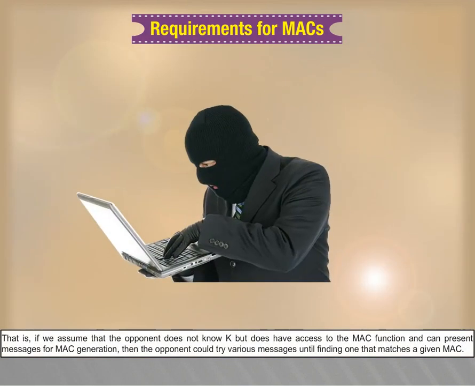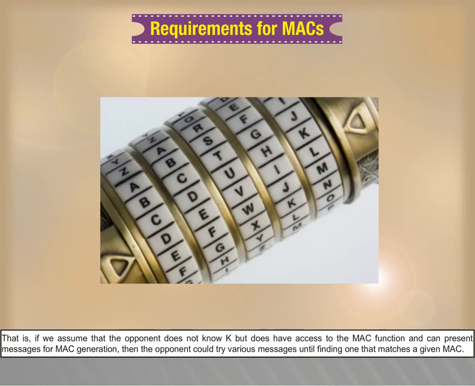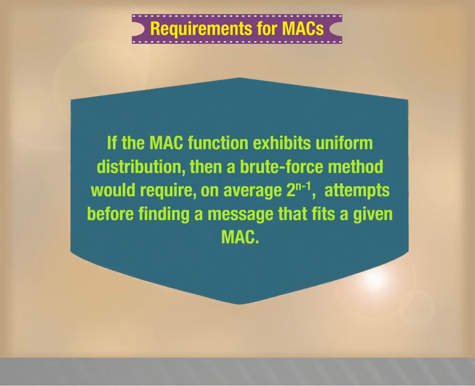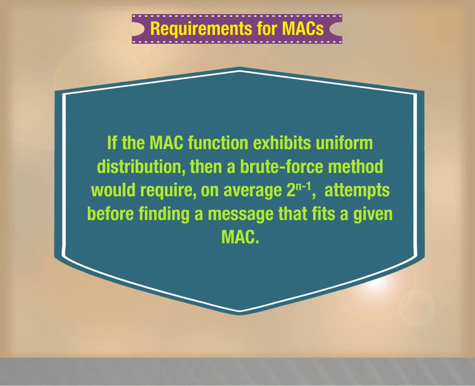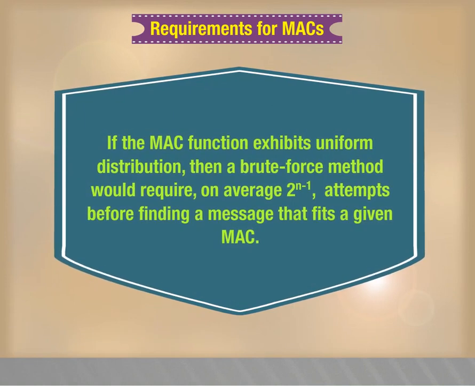That is, if we assume that the opponent does not know K but does have access to the MAC function and can present messages for MAC generation, then the opponent could try various messages until finding one that matches a given MAC. If the MAC function exhibits uniform distribution, then a brute force method would require, on average, 2 power n-1 attempts before finding a message that fits a given MAC.